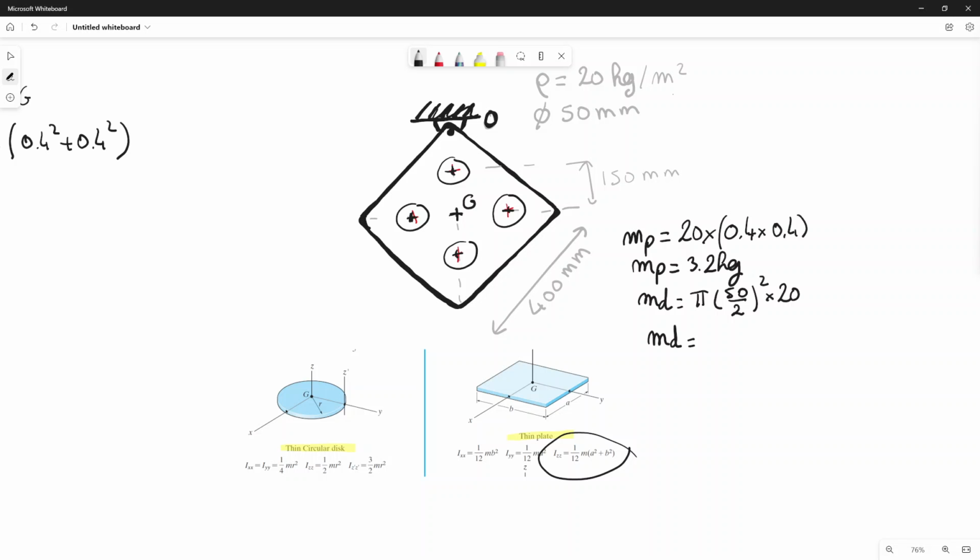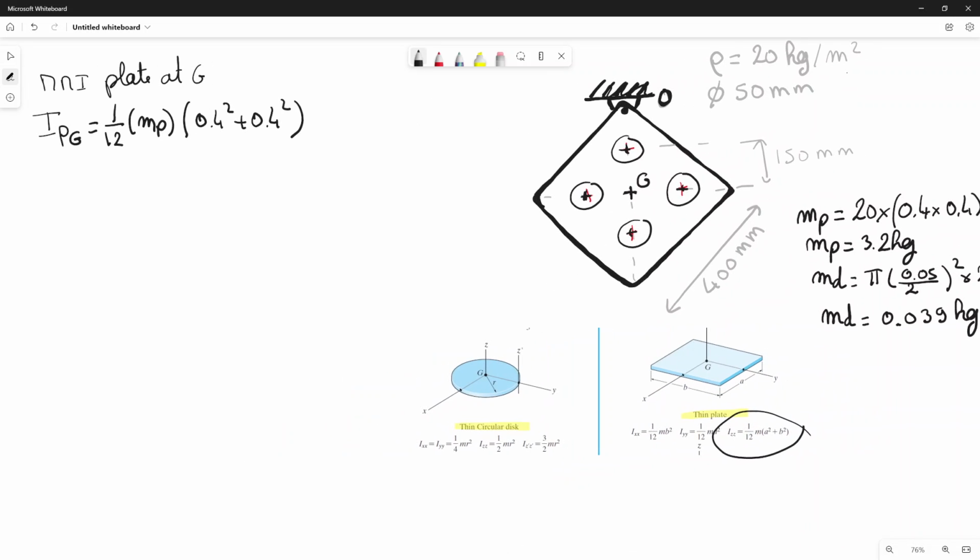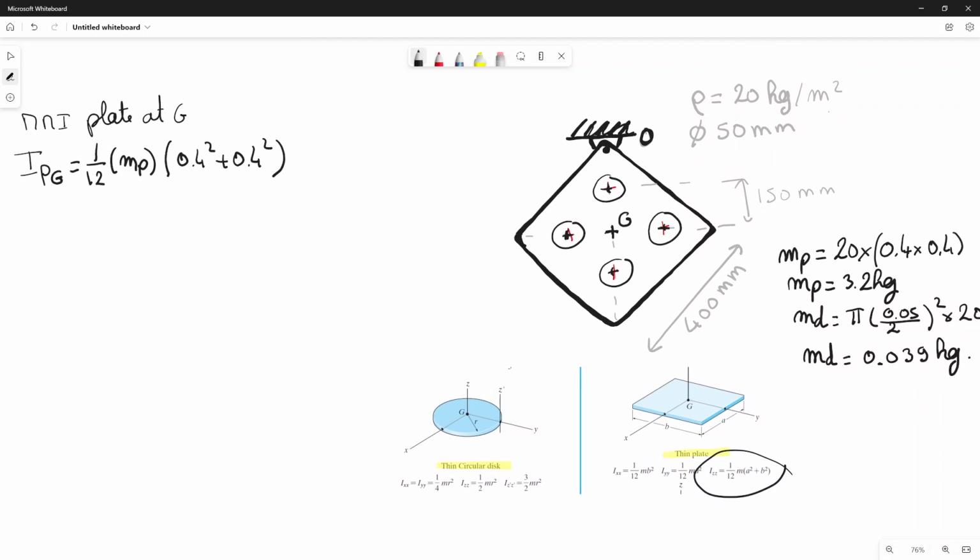Let me make a modification: that's not 50 divided by 2, that will be 0.05 divided by 2 squared times 20. That gives me 0.039 kilograms. So we have the mass of the plate and the mass of the disk.